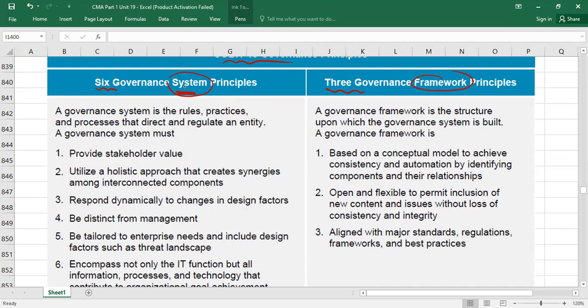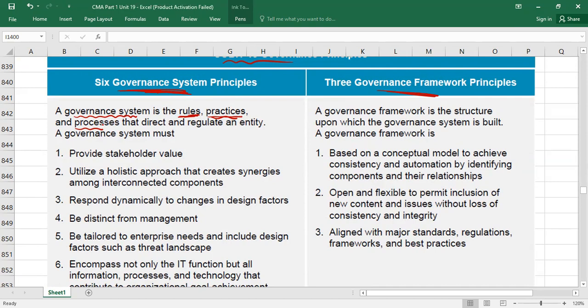What does it mean by governance system? You have to understand these 2 words: governance system and governance framework. Governance system is defined as the rules, practices, and processes. Rules means we sometimes make rules, policies, practices, which we apply, and processes, where we define what actions are to be taken, what is the first act, the second act.